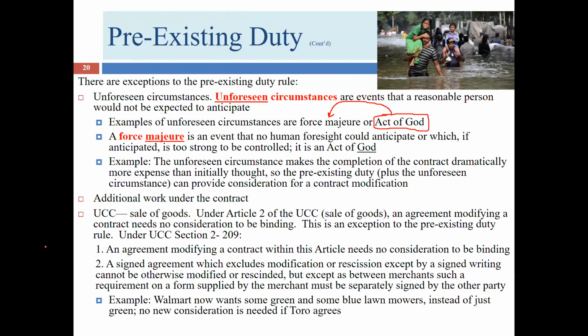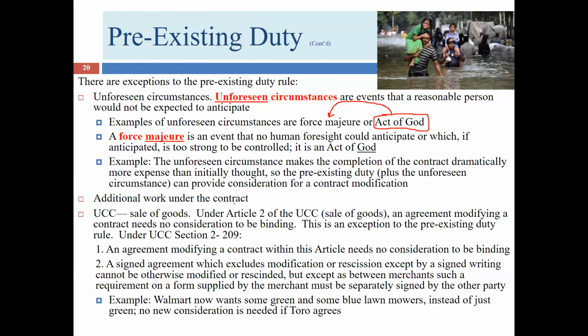Another situation might be when there's additional work under the contract. So let's imagine I'm painting your barn, but I discover as I'm painting it that there are several boards that have been eaten through or are very compromised because of termites. So I actually have to take off the pieces of wood that have been destroyed by termites, buy new boards, and put them up. I have to condition those and shape them just the right way so they fit.